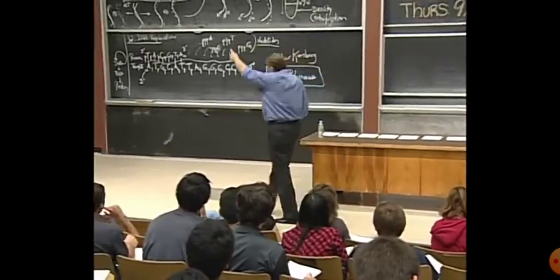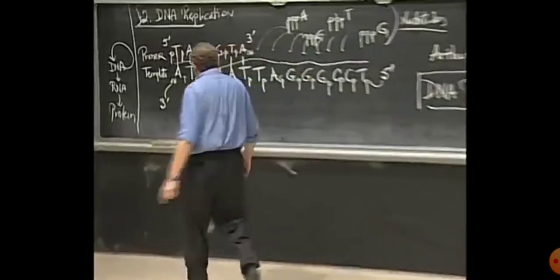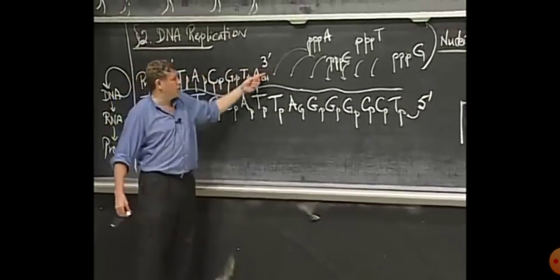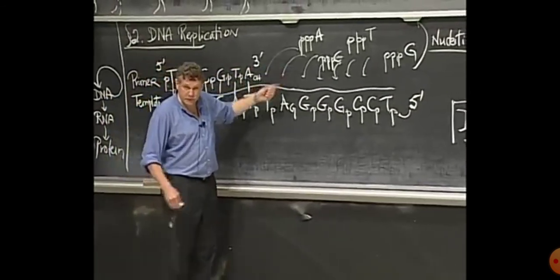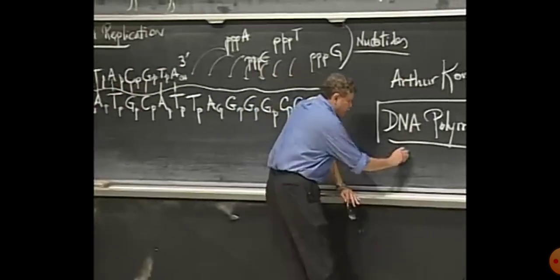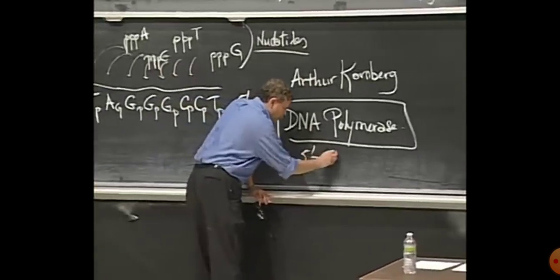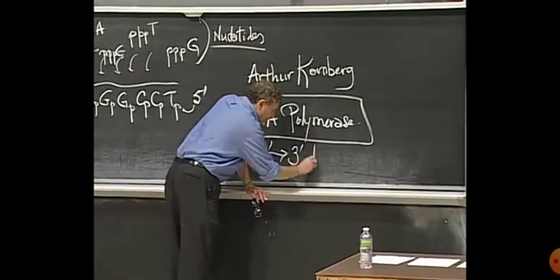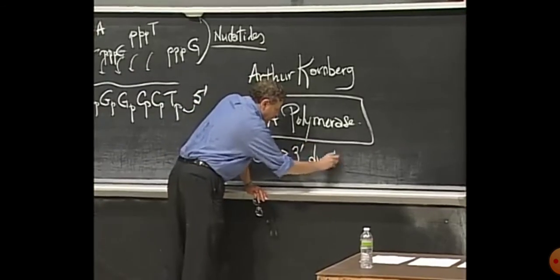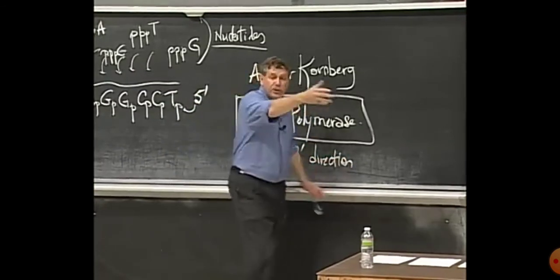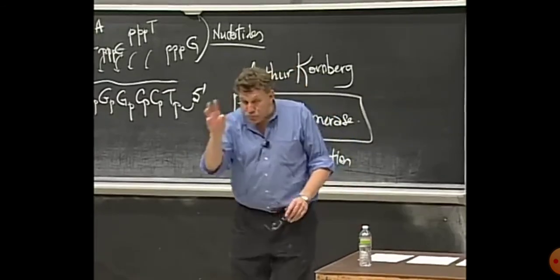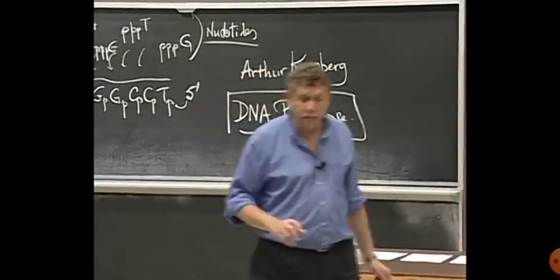It starts here at the 5' end, and it moves adding on to the 3' end. So it's 5' to 3' direction. That's the direction it moves. It adds the free nucleotide to the 3' end.